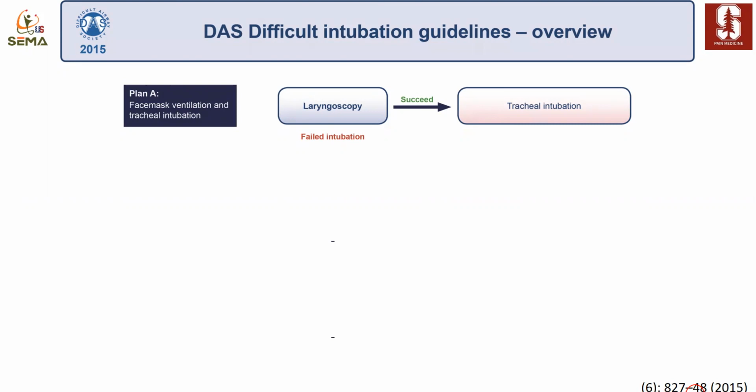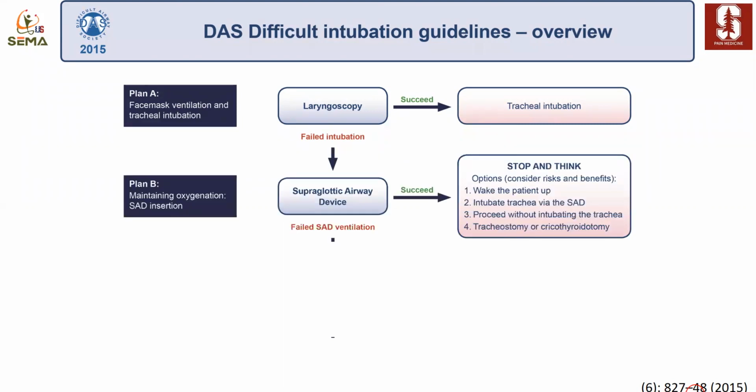If not, you failed intubation, then you go to the next level, which is putting in the supraglottic airway. And this is again the same as the ASA algorithm. So LMA comes as the next step if you cannot intubate. Here, if you are in the OR and you cannot do that, then you go down the road to either wake up the patient and figure out something else, or go down the road of surgical airway.